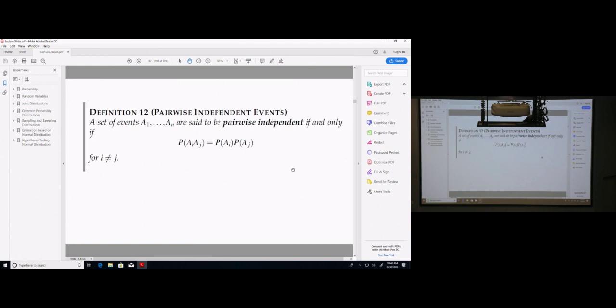Okay. Pairwise independent events. So now I'm considering n events at the same time. Now, one trick to learn mathematics, I think many of us know it, is to reduce the problem to a smaller, a specific case.